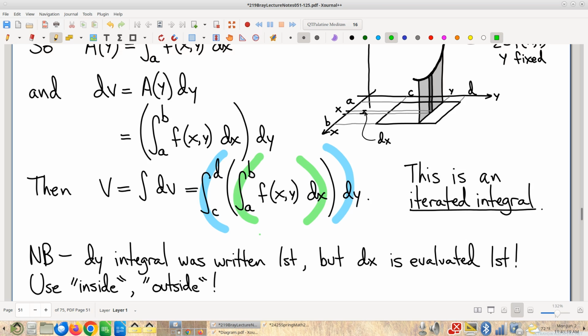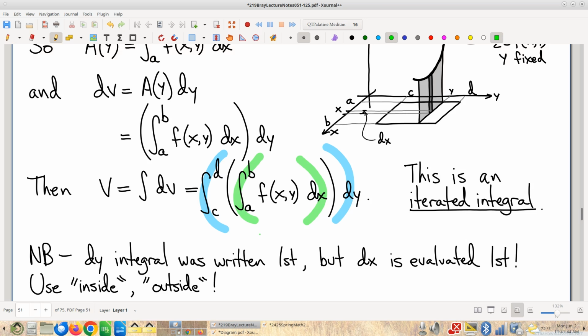But when you compute, I can't compute the dy integral until I compute the dx integral. The dx integral is the integrand for the dy integral. I can't start until I know what the integrand is. So you have to compute the dx integral first, and then the dy integral second.